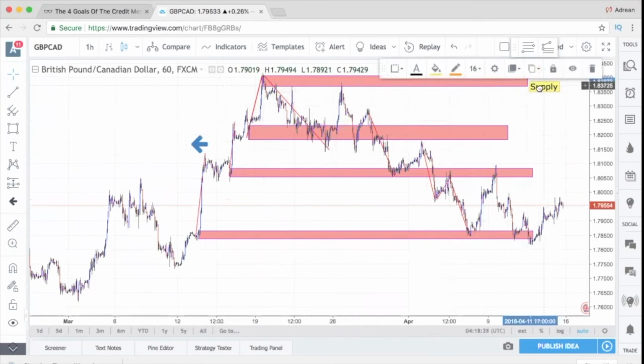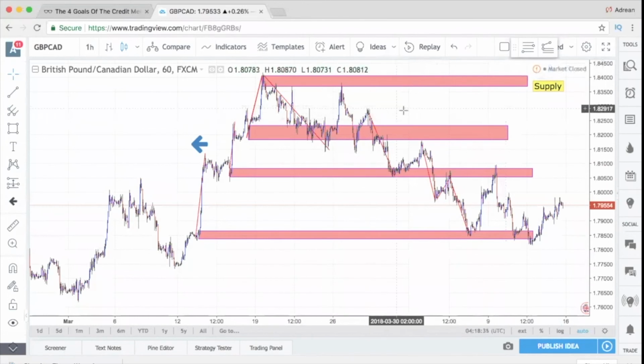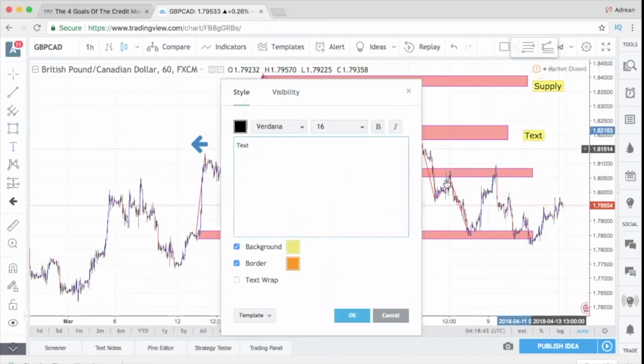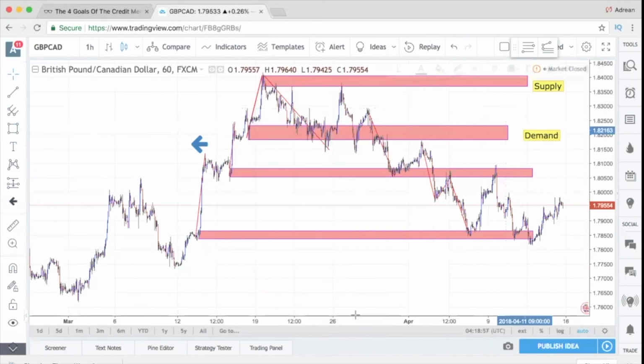You can put the label, which is at the top, that's your supply, and at the bottom is your demand. Can't spell right now, but supply, demand.